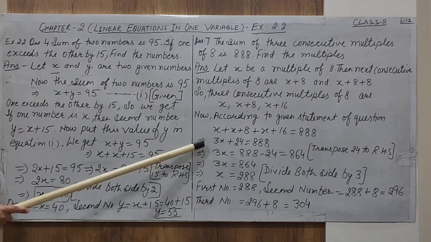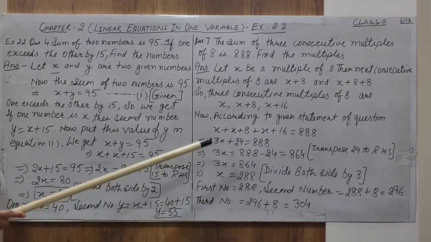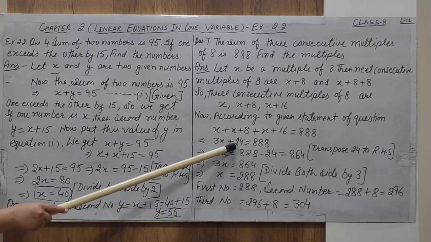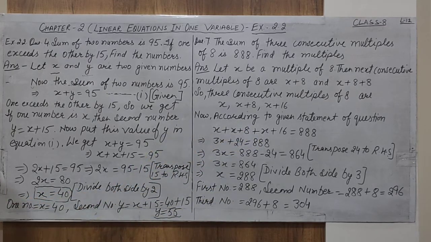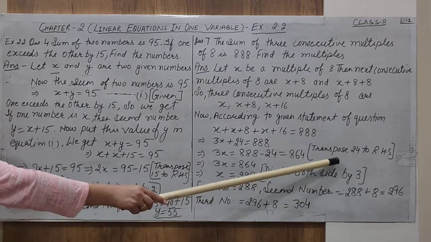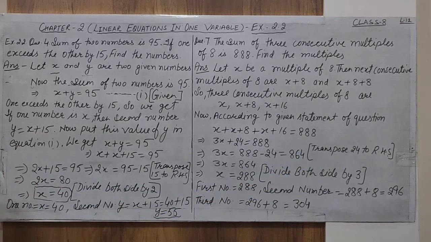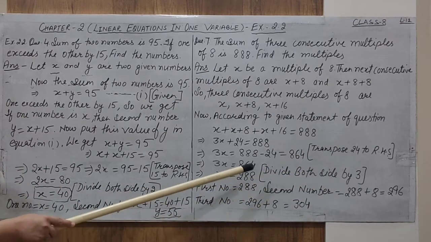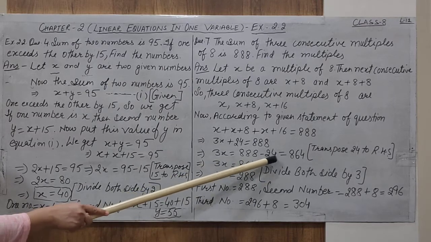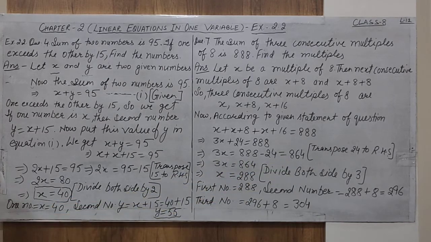Next, to solve this equation, again follow the rule: transpose 24 to the right hand side. What we get is 888 minus 24, which is 864. Now 3x is equal to 864.